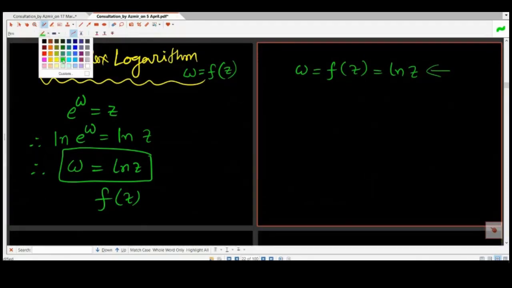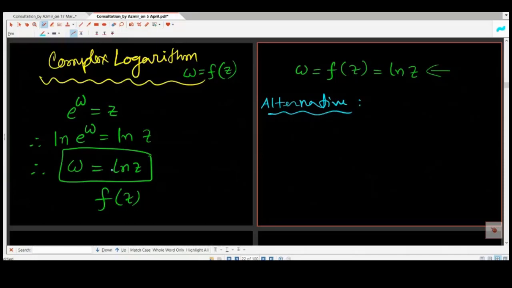Here we also need to understand the alternative notations of complex logarithm, because in some textbooks natural log of z is written as log z, with a small letter l. So this is also the complex logarithmic function.